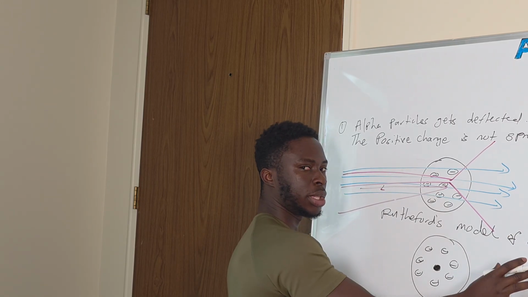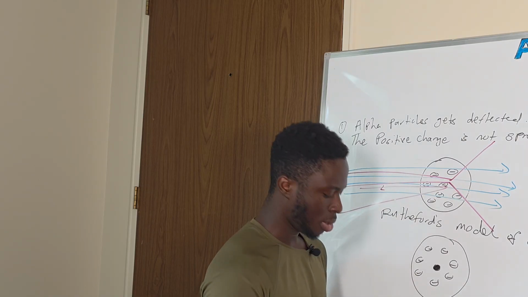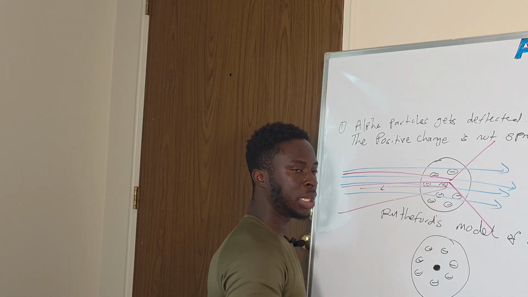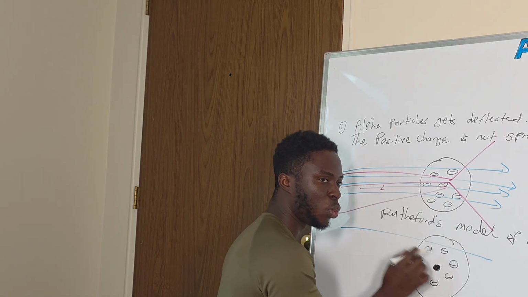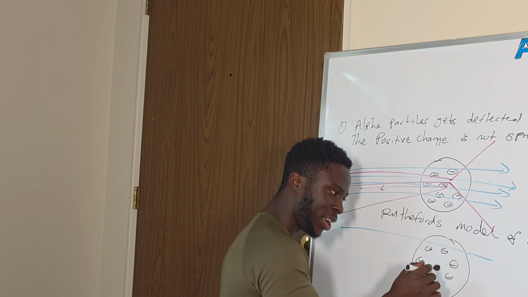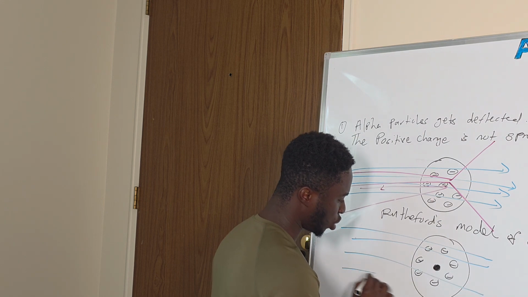So Rutherford came up with this model. If we examine this model, it made sense because, if this was the model, then any time we shot the alpha particle through it, if it does not come in contact with the nucleus or with the positive center of the atom, it should go straight through it, right? Then the alpha particles should all just go straight through.